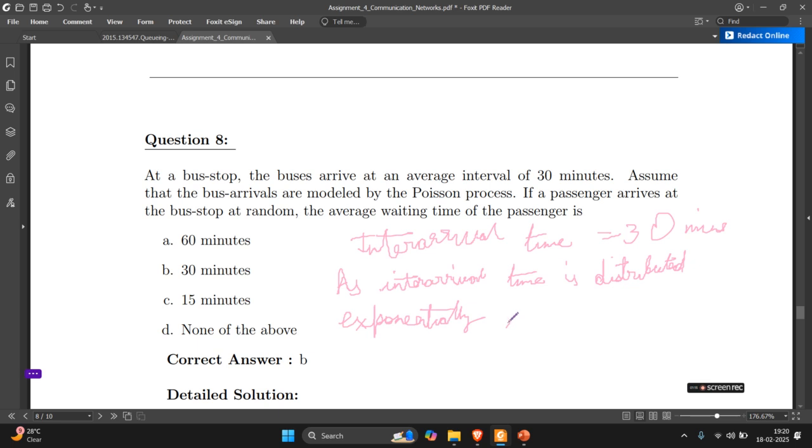As the interval time is distributed exponentially, the distribution is memoryless. So irrespective of how many people have come and how many buses have come before, the waiting time will always be equal to 30 minutes. So the average waiting time is always 30 minutes.